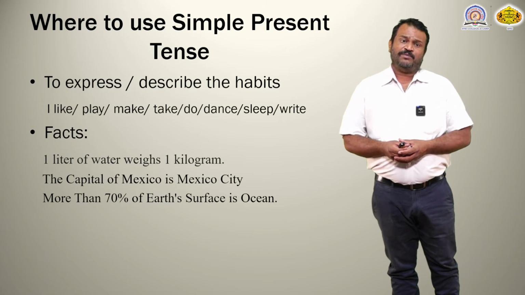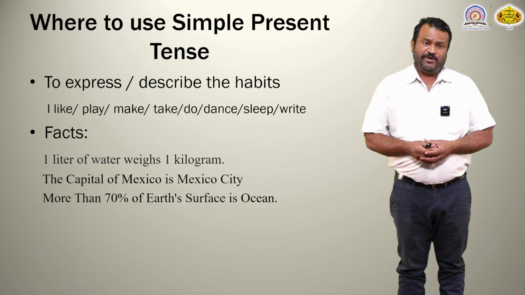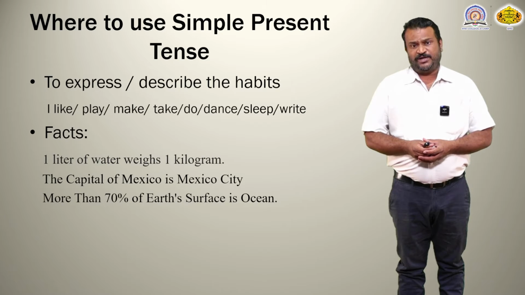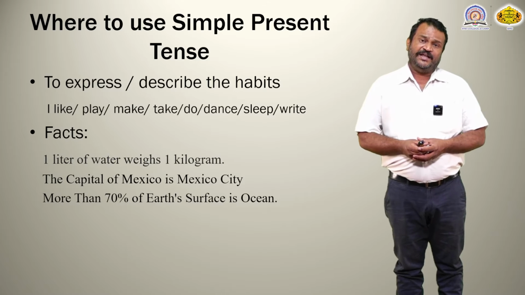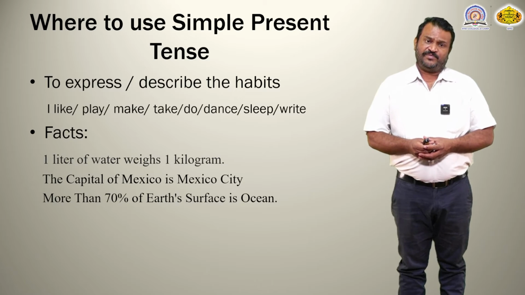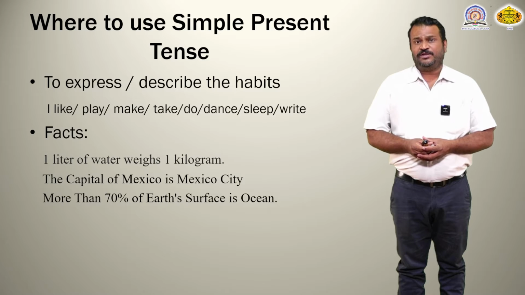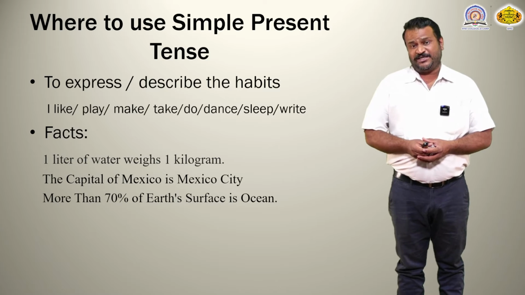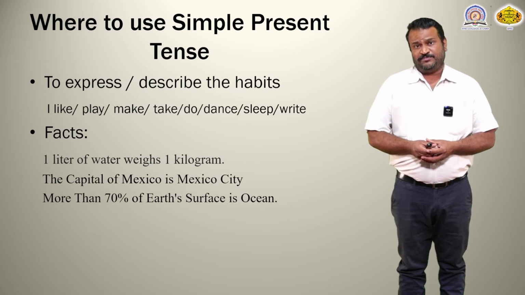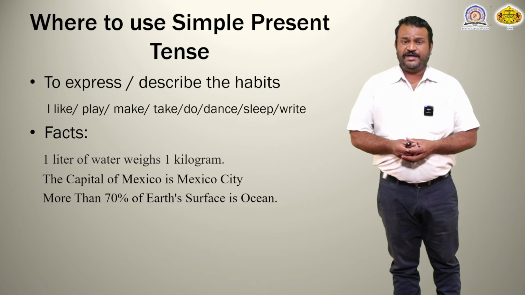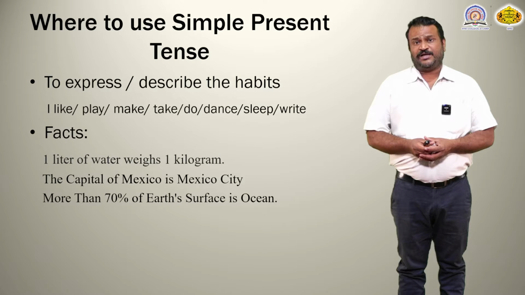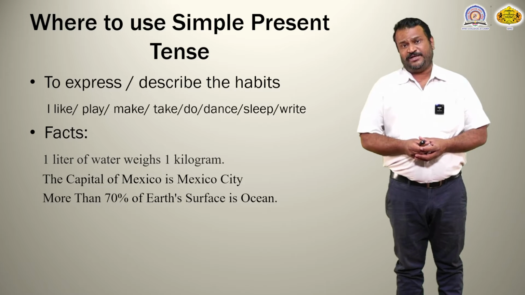Now where do we use simple present tense? Simple present tense is used to express, or it also describes the habits. It also describes about our daily routine. I have mentioned before, the moment you get up to the moment you go to bed, all the actions that happen or whatever habits you perform in the whole day, that are to be expressed in simple present tense.